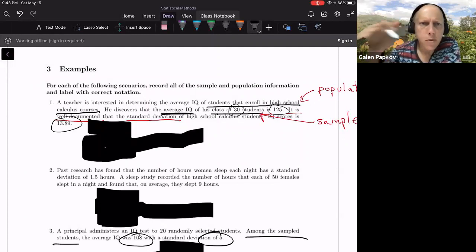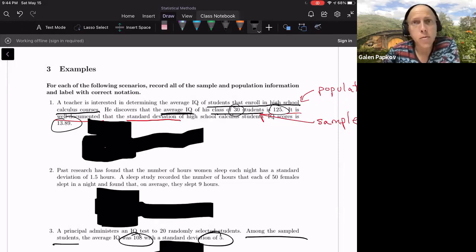So again, as I go through, the teacher is interested in determining the average IQ of students that enroll in high school calculus courses. So that's very broad. That is signaling our population. Our population is all high school calculus students. Now, what he discovers is that the average IQ of his class, now his class is not all of the high school calculus students, maybe in that high school, but not all throughout the state or the nation.